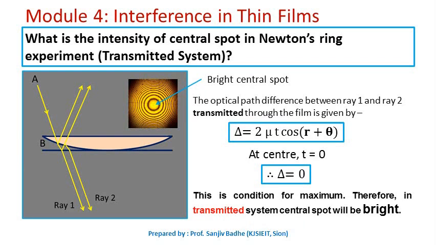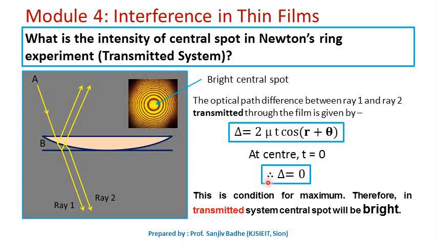Let us see what happens in the transmitted system. What is the intensity of the central spot in Newton's ring experiment in the transmitted system? In the transmitted system, if we consider two light rays, ray number 1 and ray number 2, then the optical path difference between these two light rays is given by 2 mu t cos(r + theta). At the central spot, the spherical surface and the plane surface are in contact, and therefore the thickness of the film t is equal to 0.